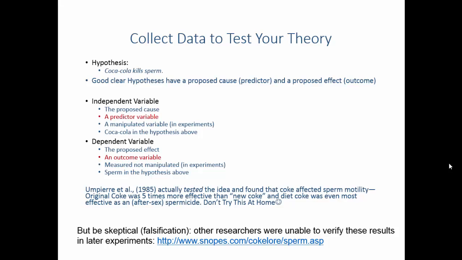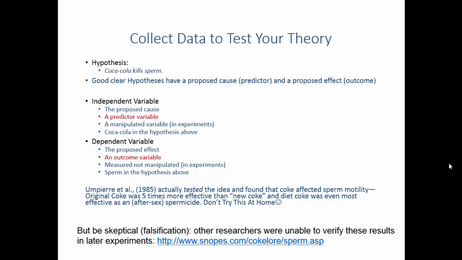The dependent variable is the proposed effect in an experiment, or it's one type of outcome variable, the thing that you're trying to predict with the thing you manipulate, the thing that you're trying to affect, the proposed effect. It is a measured variable. You certainly need a measure of it if you're going to test out your hypothesis, but you don't directly manipulate it. You, the researcher, directly tinker with the independent variable, and you're seeing if that has an effect on the dependent variable.